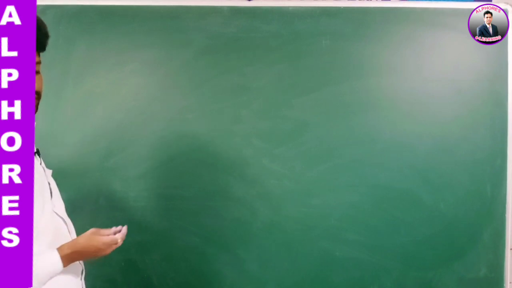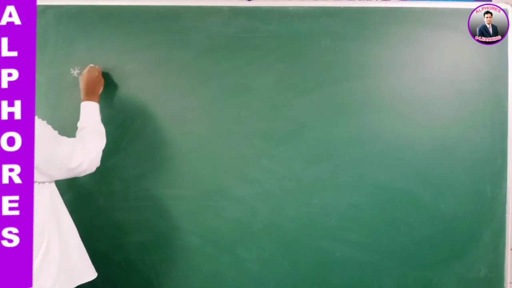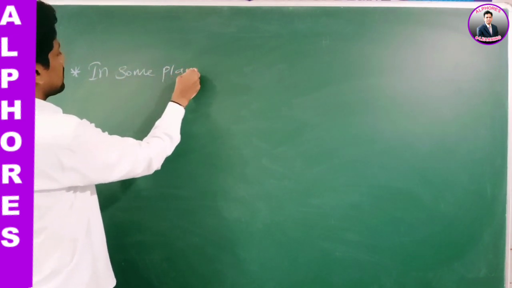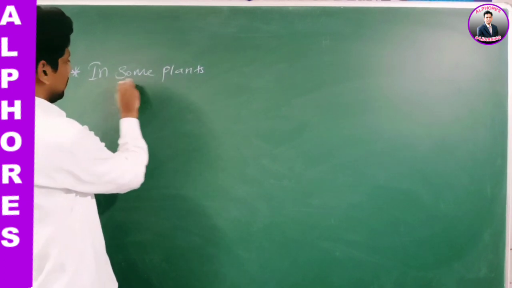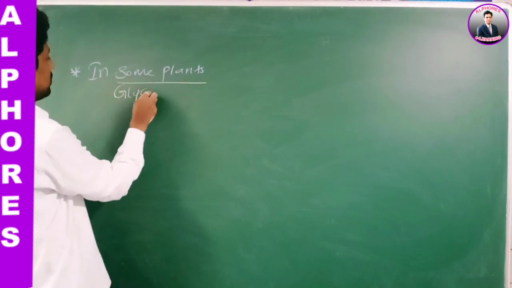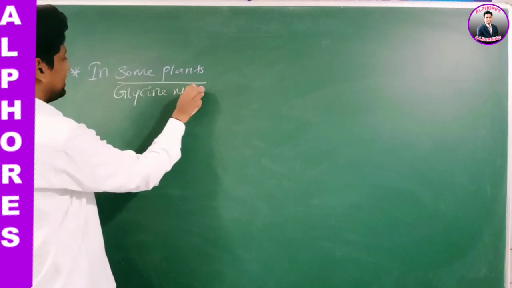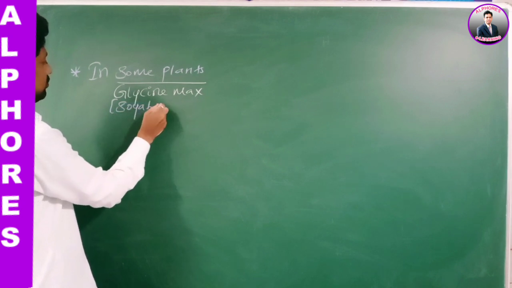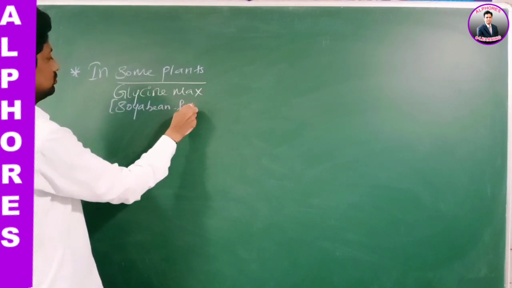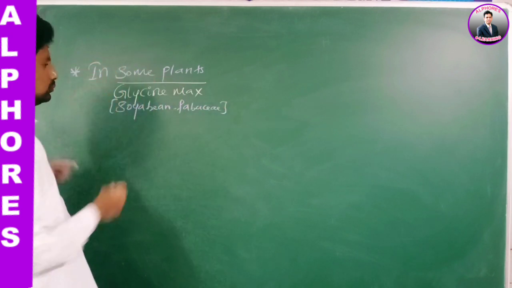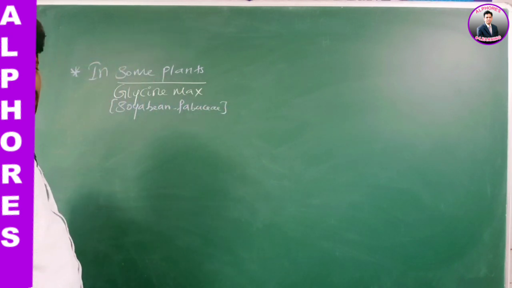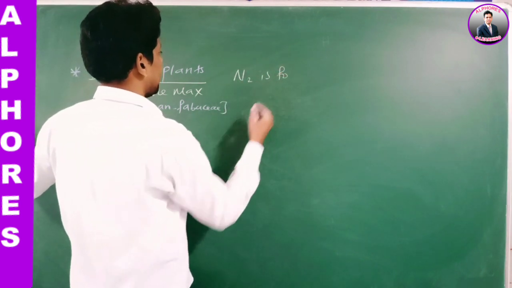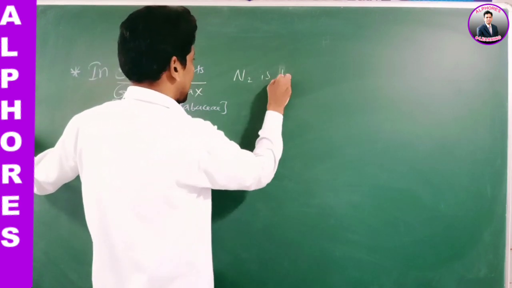Now listen to this statement. In some plants, for example, take soybean, scientific name Glycine max, soybean, Fabaceae family. Sir, in some plants, nitrogen is transported.